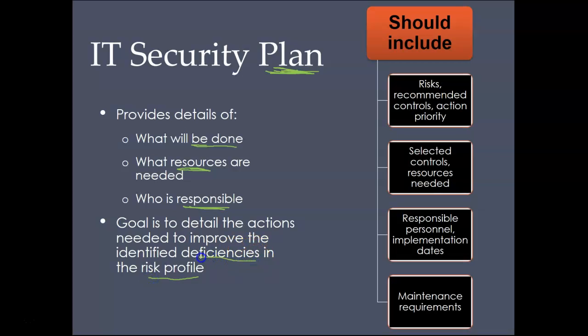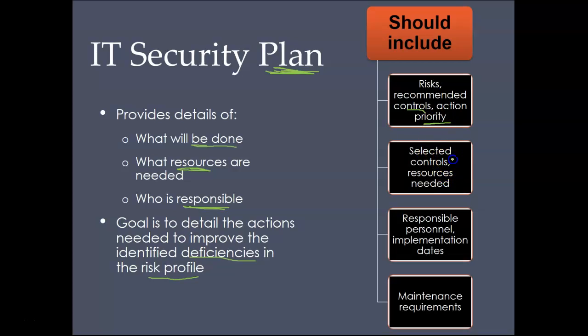Deficiencies means problems. Okay, so here we give actions to improve the deficiencies in our risk profile. It should include risk, recommended controls, and the action priority, what needs to be done first.